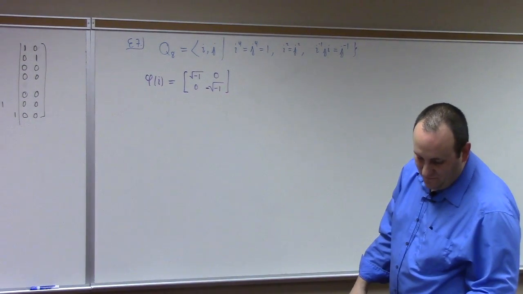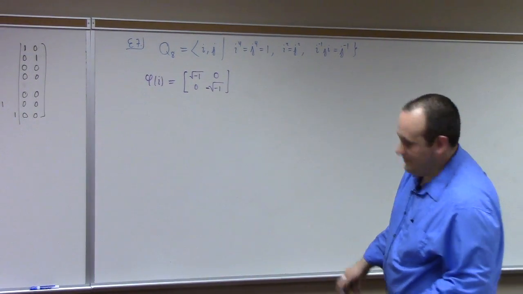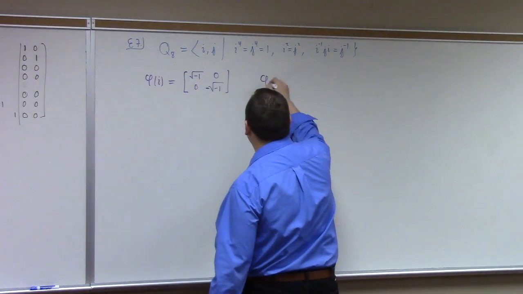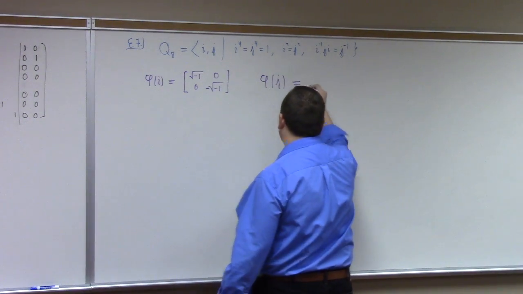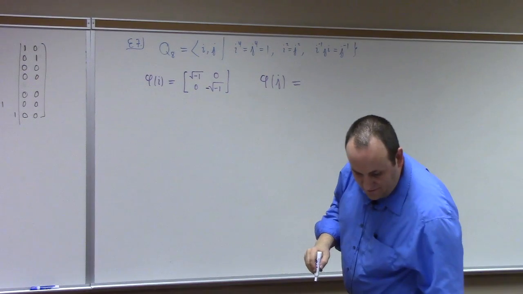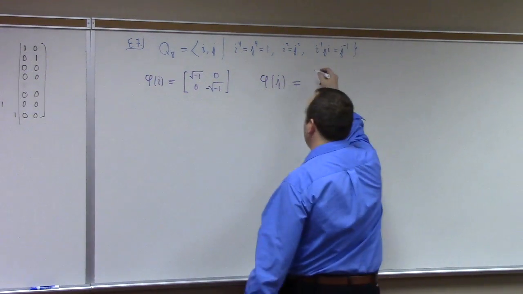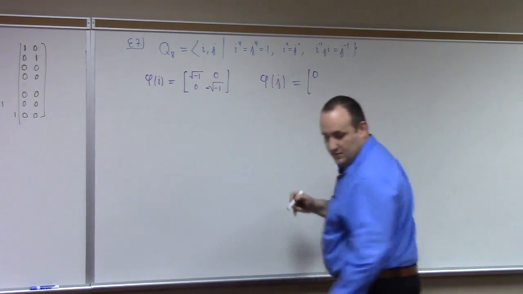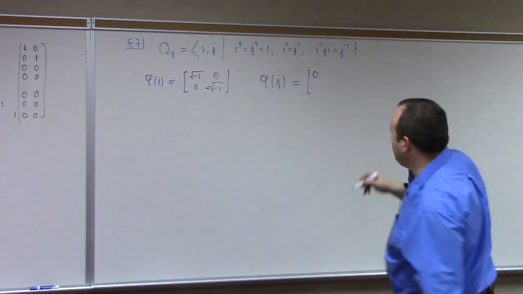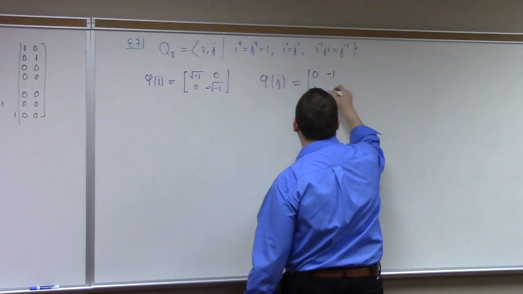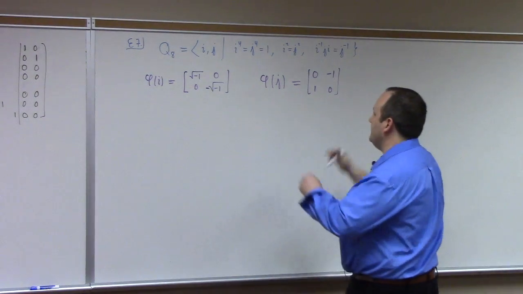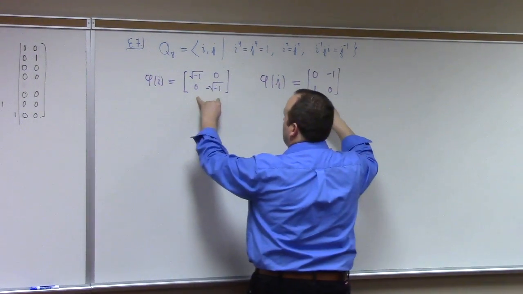But I don't know if I can suffer this level of notational guilt. Let's see here. Phi of j. I'm going to use i in both places, and I hope the students can deal, because otherwise I'd go nuts. 0, -1, 1, 0.